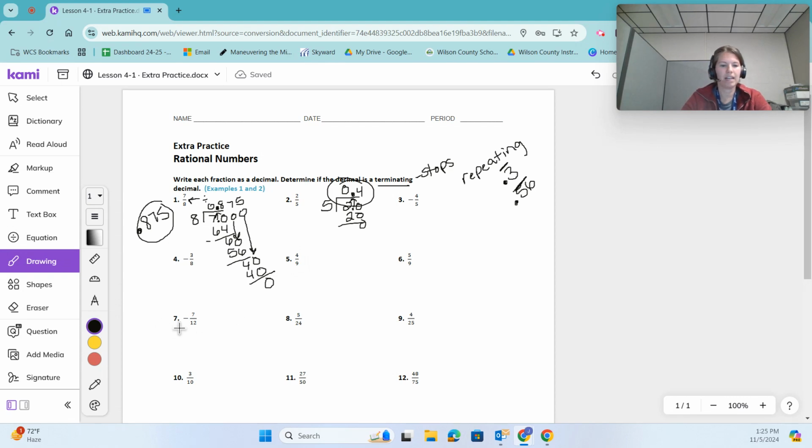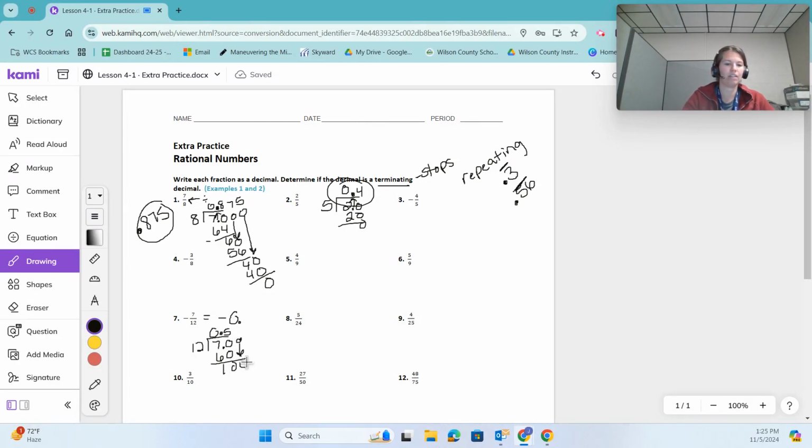Okay, let's come down and take a look at this negative 7/12, which means my decimal is going to be negative 0 point something. So we're going to go ahead and do this division. 12 goes into 7 0 times. 12 goes into 70 5 times. 12 times 5 is 60. Subtract, I get 10.